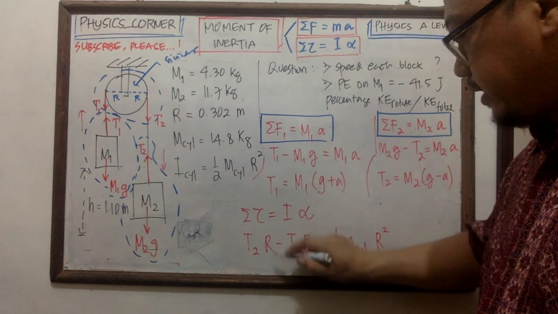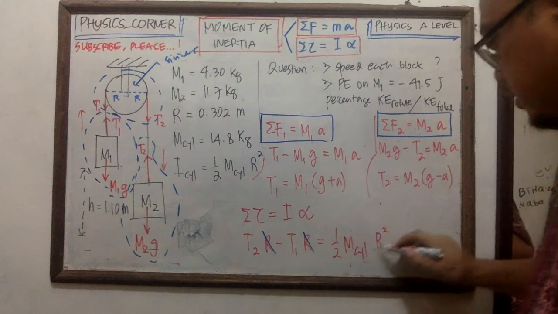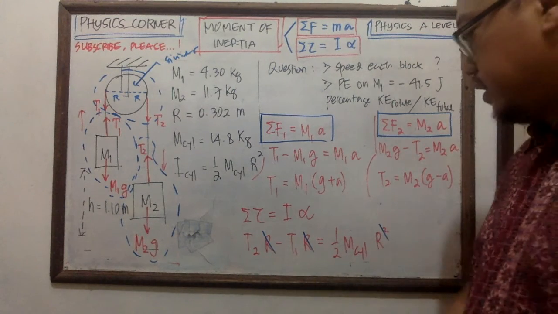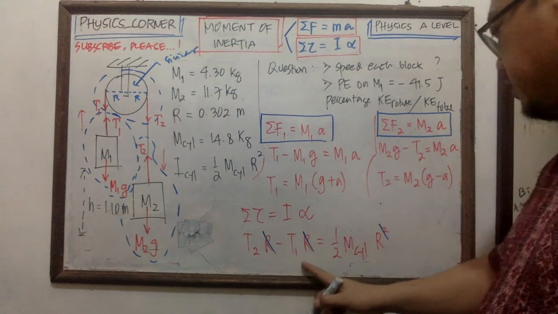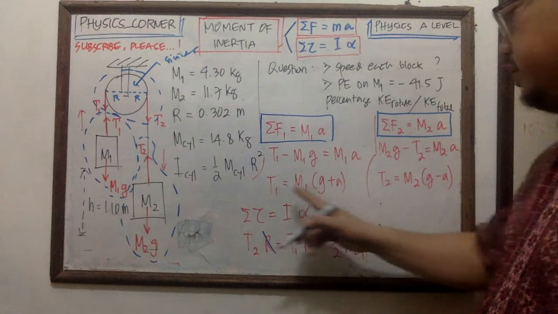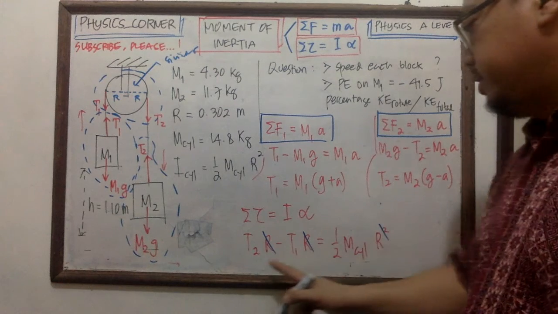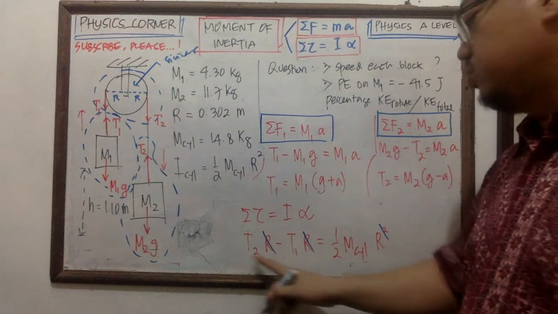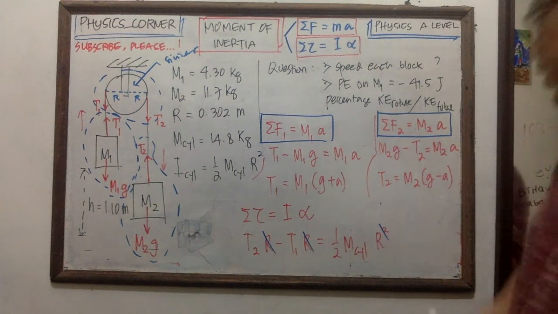We can cancel one r, because this is r squared and this is r. Finally we get T2 minus T1 equals half of m cylinder times a. This is the relationship between T2 and T1.